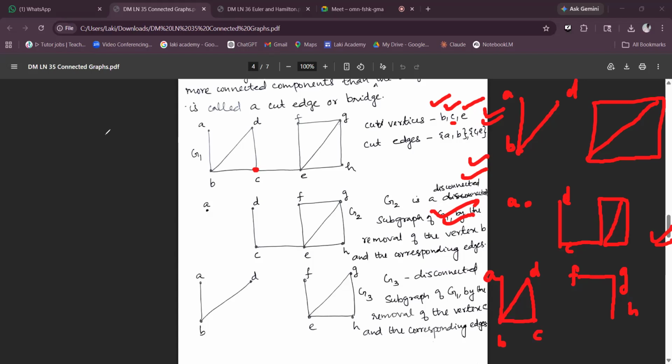So you have three choices. You can remove B, C, or E. We have to use trial and error and see which gives two graphs. Always remove the vertex whose degree is maximum. Suppose in the graph the degree of each is maximum; when you remove this, check whether it is connected or disconnected.